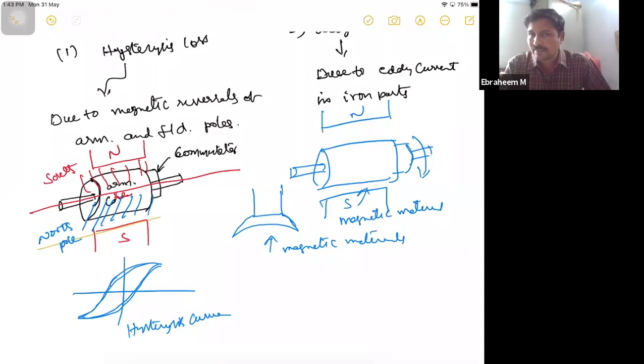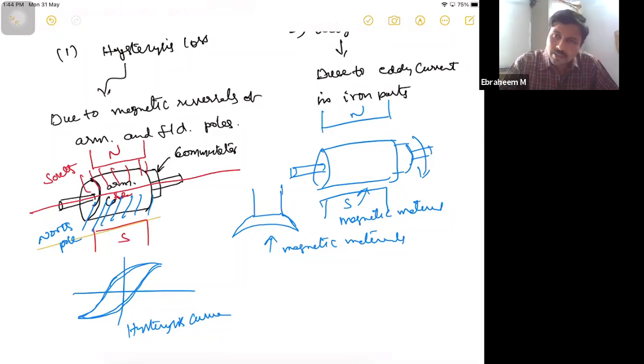So this conductor will have induced EMF in it because it is rotating in the magnetic flux, and hence there is a change of flux linkage. Because of this induced EMF, you will have current flowing in the core also.